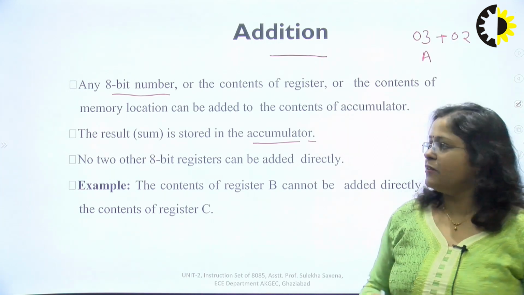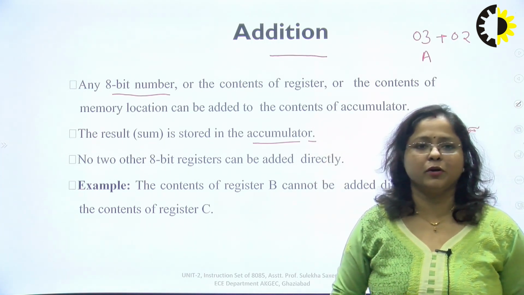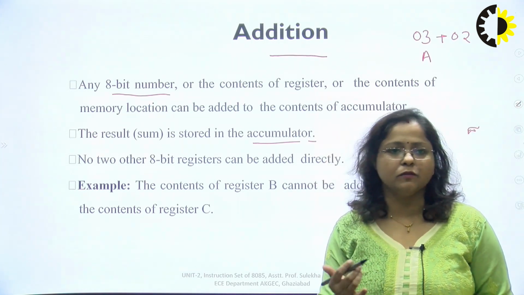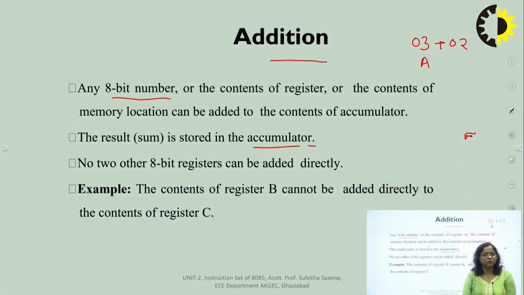So, by default 8085 performs arithmetic operation with accumulator, that is, the first data will always be in accumulator and the second data will be specified either using registers for register addressing mode instruction, or through memory location using indirect mode instruction, or through immediate data, that is immediate mode instruction.